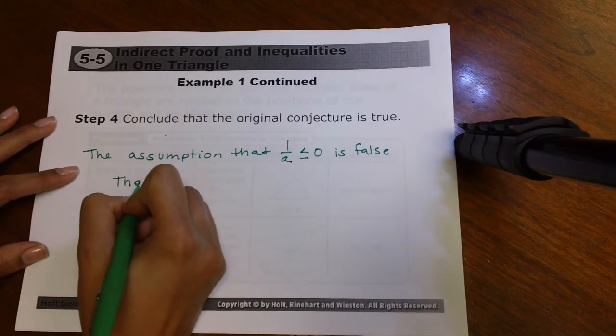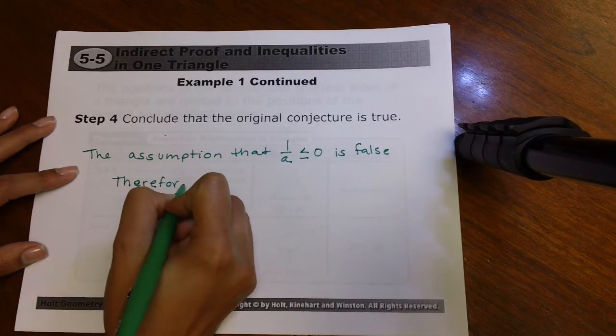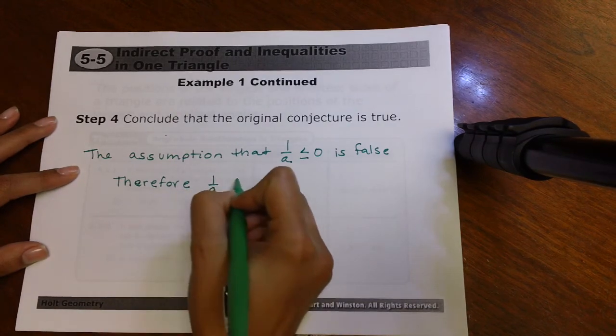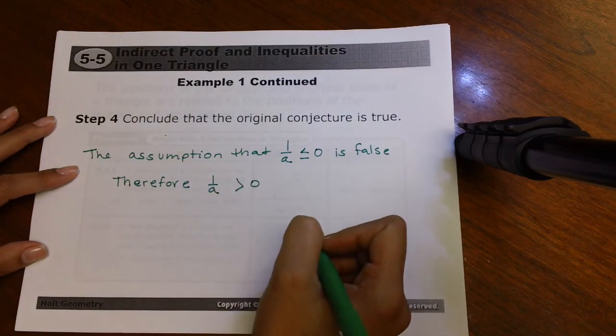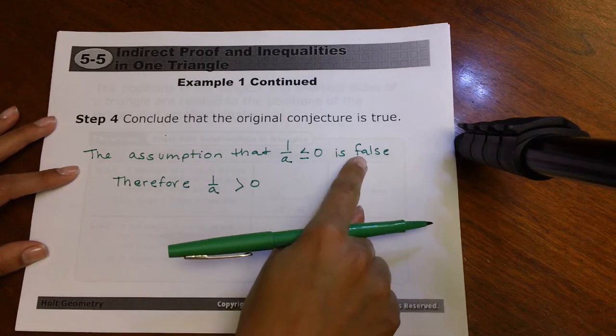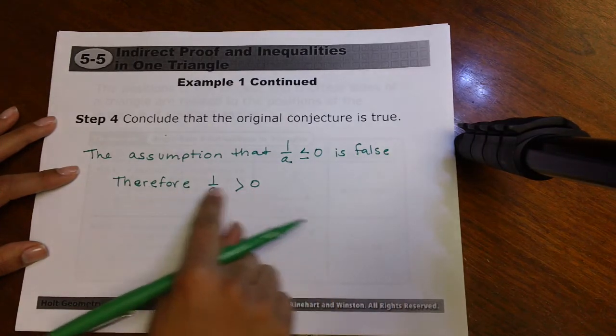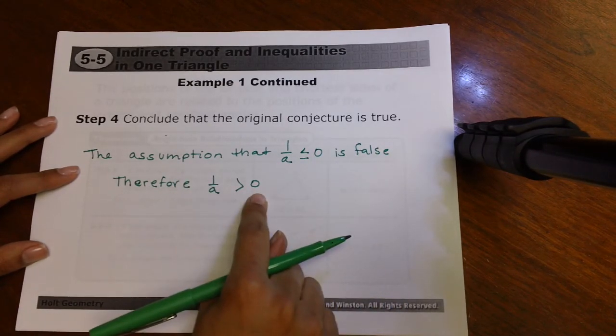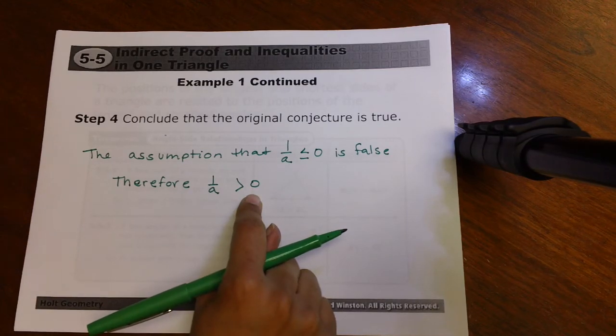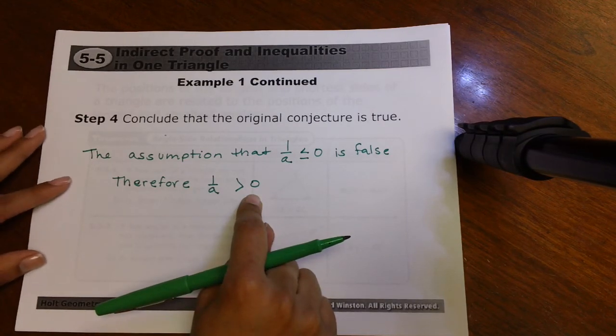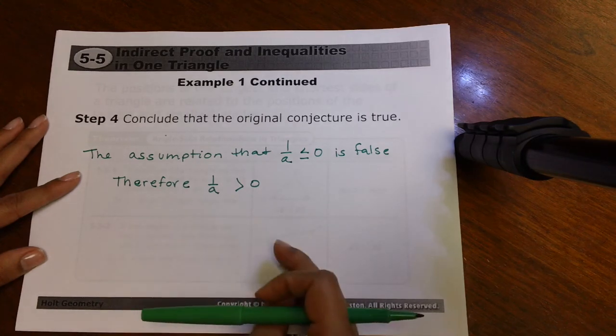Therefore, 1 over A must be greater than 0 because when we assumed the opposite, it didn't work. That means the original conjecture was true. Watch the video again if that was confusing before you go on to the next section.